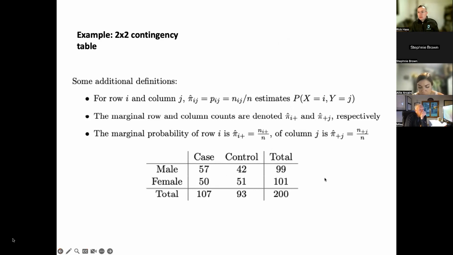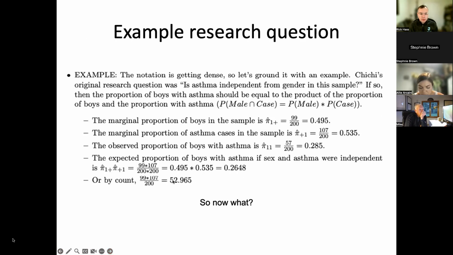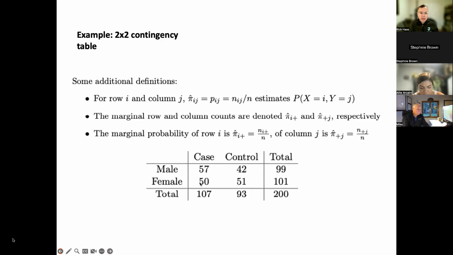And basically, what the expected values represent is what we should expect if the null hypothesis is true. If the two variables were statistically independent, what should our table look like? Does it look like the table we have? And if it does, if our expected counts look just like our observed counts, then the null hypothesis is probably true, and we would go with it.